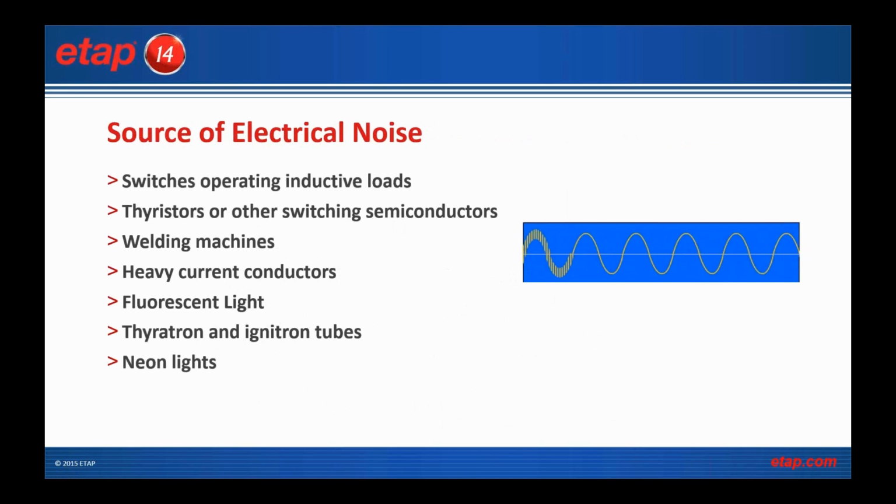This is important when you're mixing various circuits together that are of different types. So if we have a circuit such as a circuit that's feeding thyristors, welding machines, control cables, fiber optic cables, neon lights, they're all sources of noise, or they are susceptible to noise.